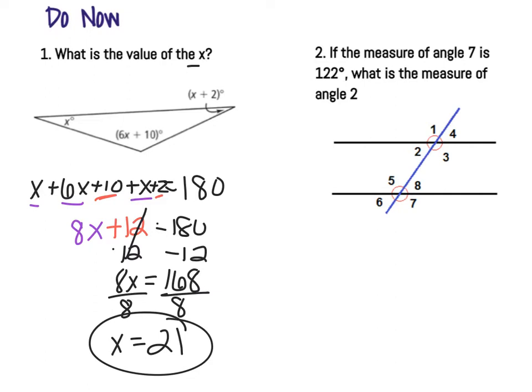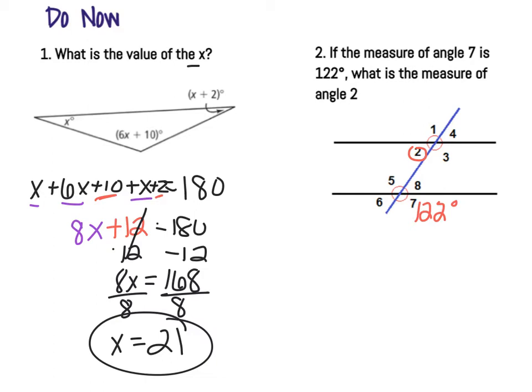Alright, so for number 2, I'm given these parallel lines with the transversal cut between them. I see that angle 7 is 122, and I'm looking for angle 2. So the first thing I need to do is find relationships between the angle I have, the 122, and angle 2.